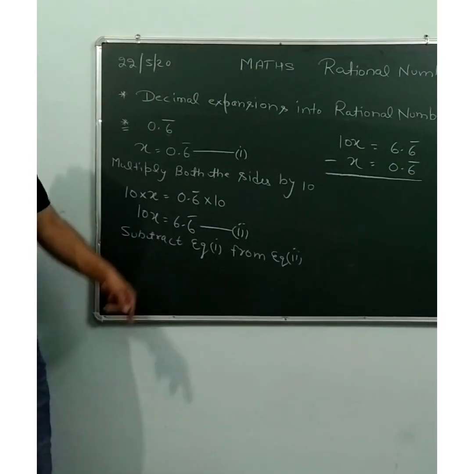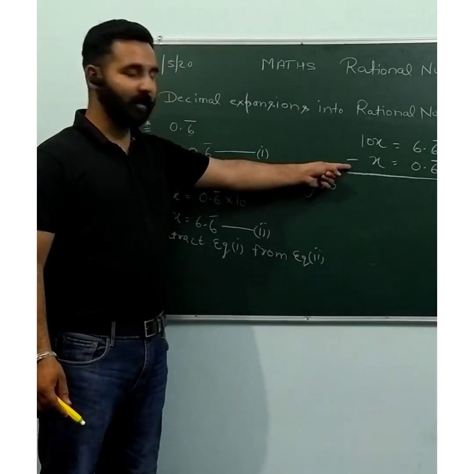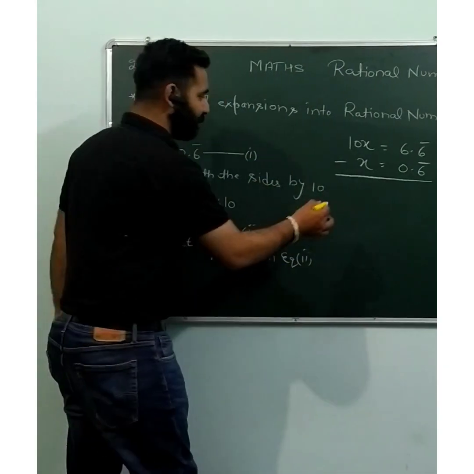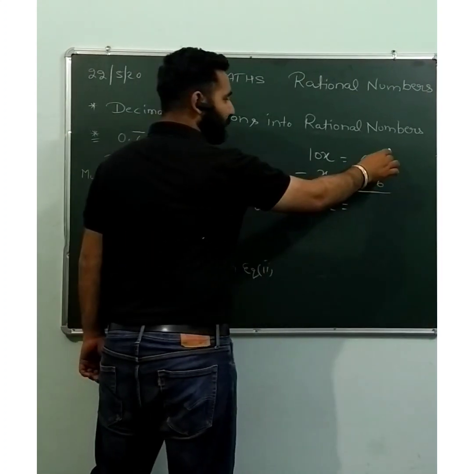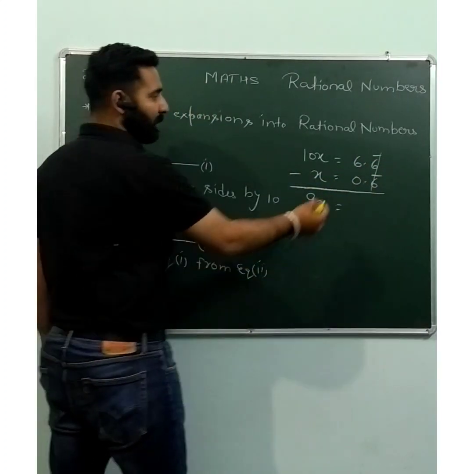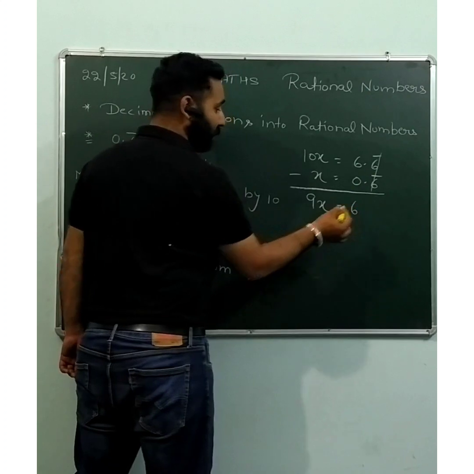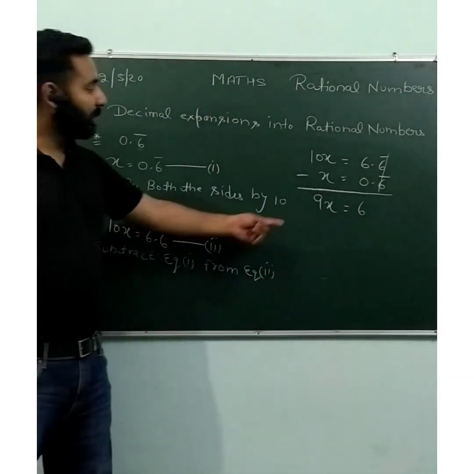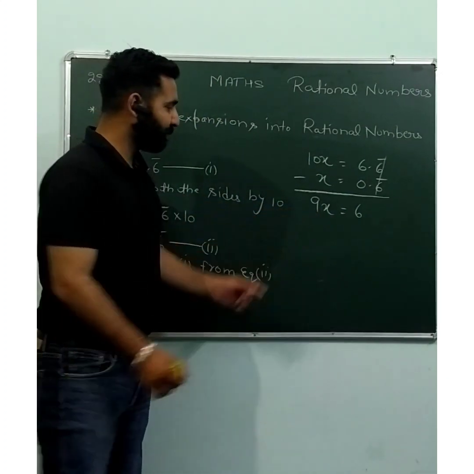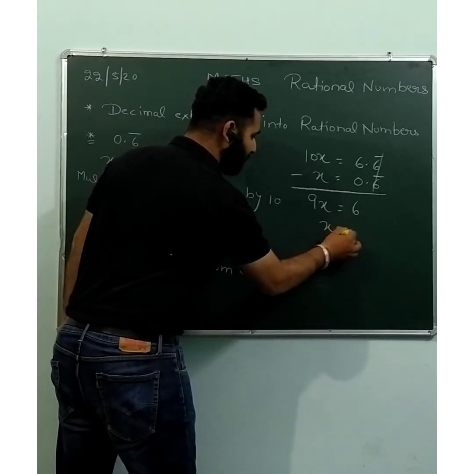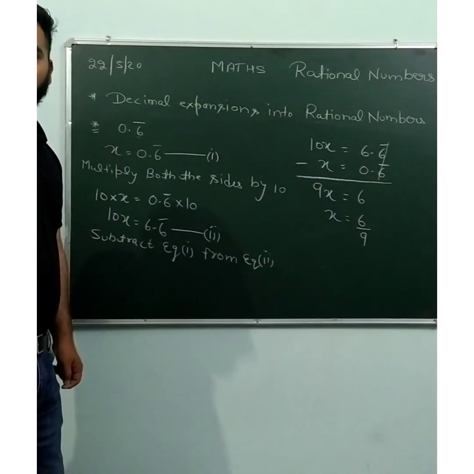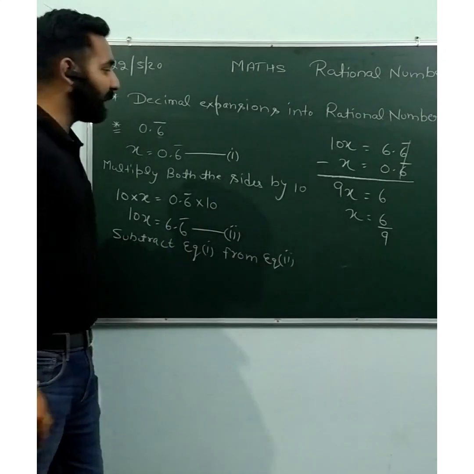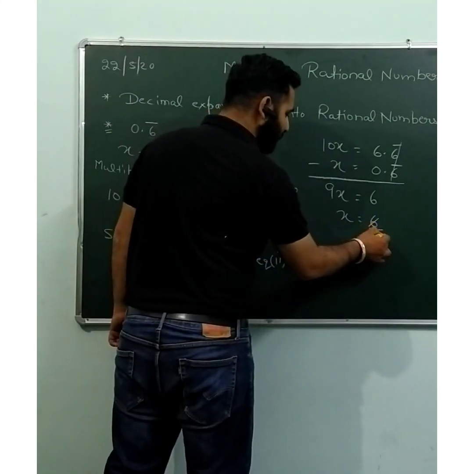So subtract it: 10x minus x, what will it become? 9x, and on this side 6 bar gets cancelled by 6 bar. 6 minus 0, 6 only. Now 9 is here in multiplication, so it will go to the other side in division. 6 and 9 are both multiples of 3, so cut it by the table of 3.